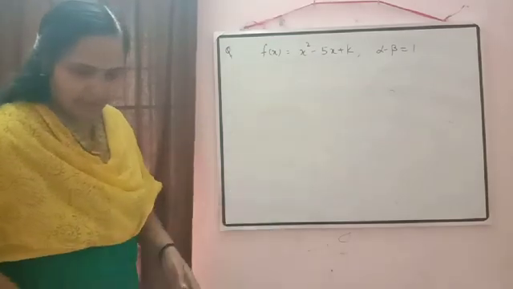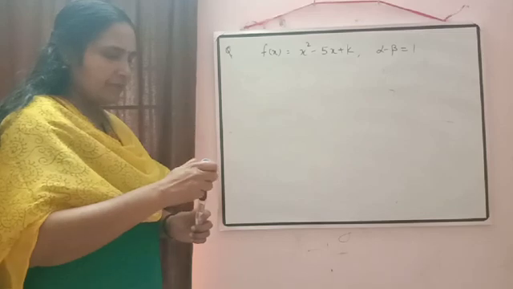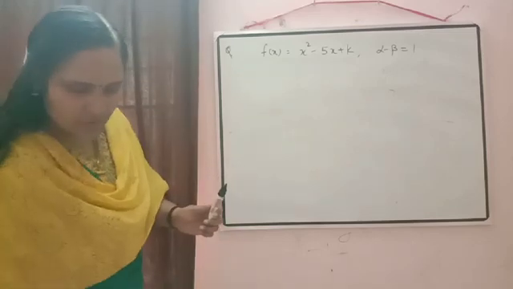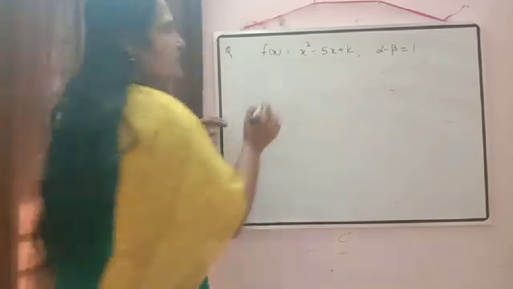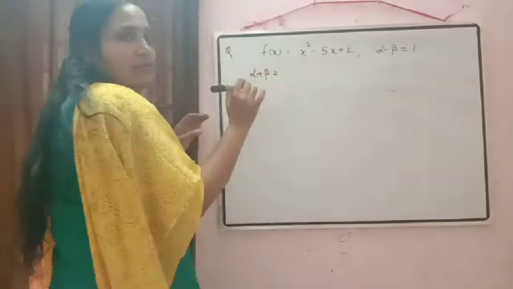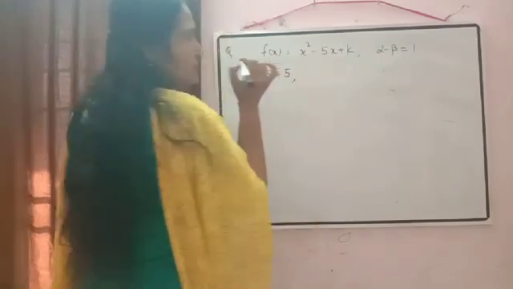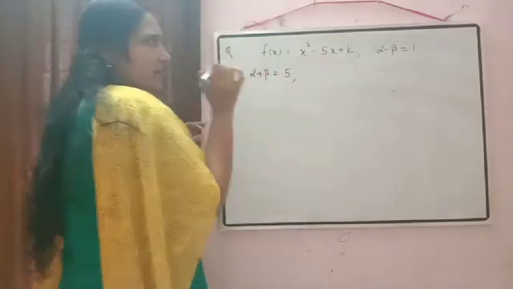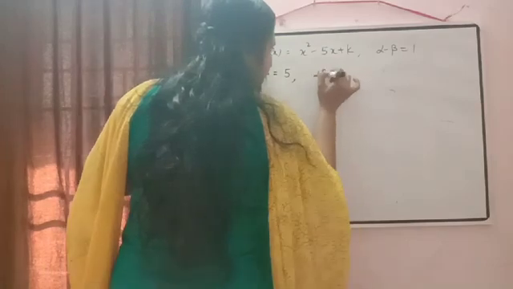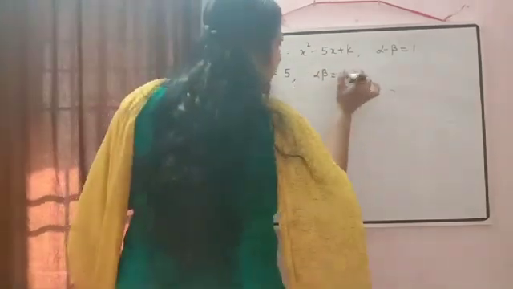Find k. We have to find out the value of k. It is given alpha and beta are the zeros. So what will be sum of the zeros? Yes, alpha plus beta is equal to, according to the formula, minus b by a. So minus of minus 5. So we will get alpha plus beta is equal to 5 and alpha beta is equal to c by a. Then we will get here k.